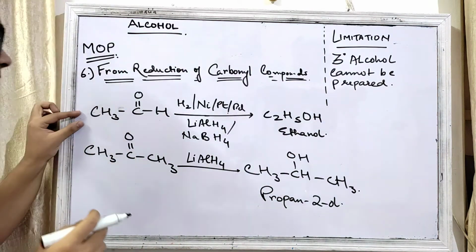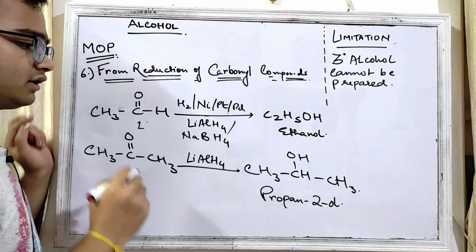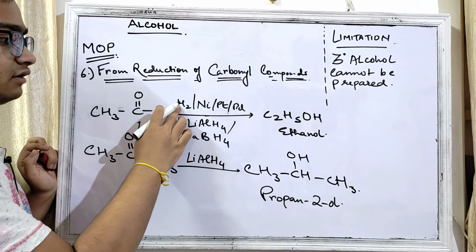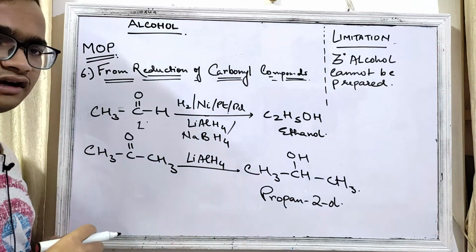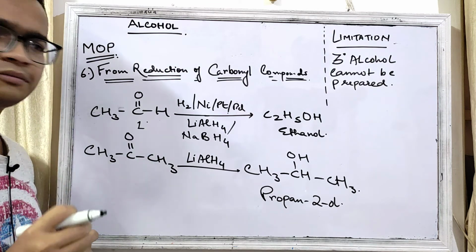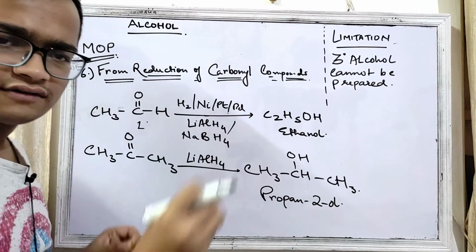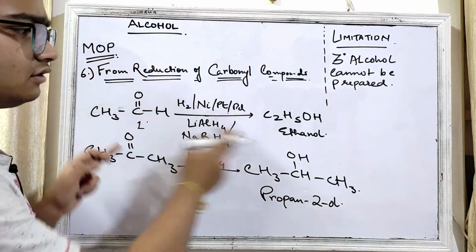We are taking a carbonyl compound. This was acetaldehyde. This is your 1 degree alcohol, right? When you treat it with hydrogen over nickel, platinum, palladium catalyst, or lithium aluminum hydride or sodium borohydride, you get ethanol.